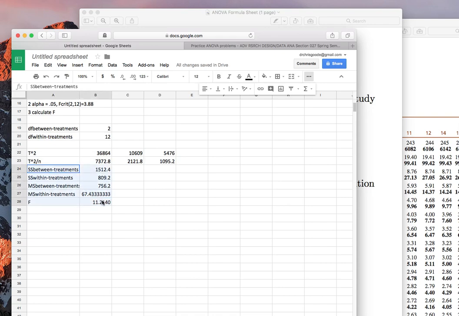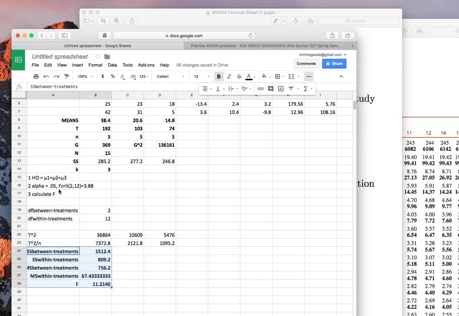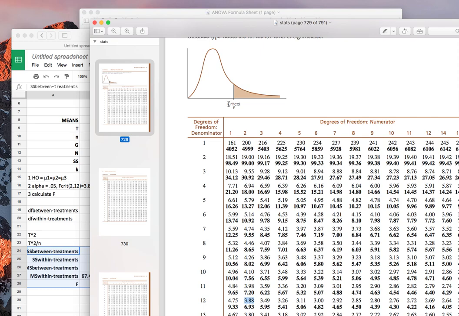Let's take a look at our F table. Oh no, we already got our F crit, didn't we? It's 3.88 because we had 2 and 12 degrees of freedom at 0.05. So 3.88. If 3.88 is here, then our F is clearly in this shaded region to the right, positive there.